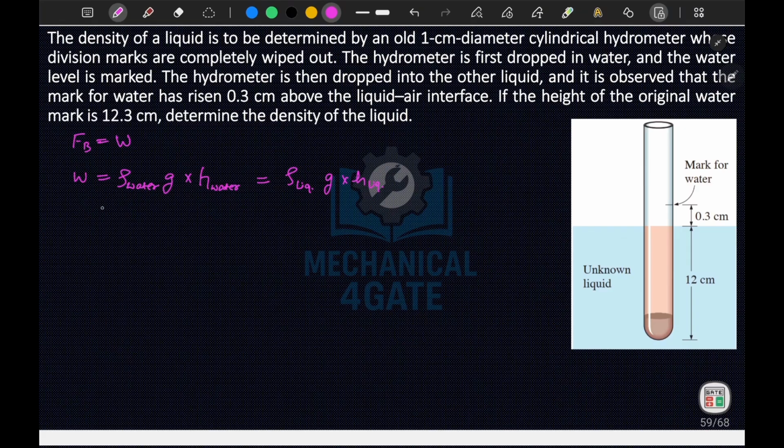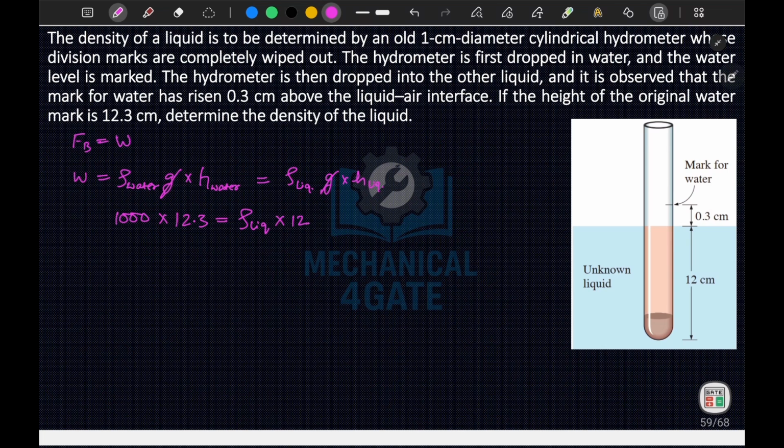From here, rho of water we know is 1000. Let's cancel out g and g. Into h of water, which is 12.3 centimeter, is equal to density of liquid into h of liquid, which is 12 centimeter.